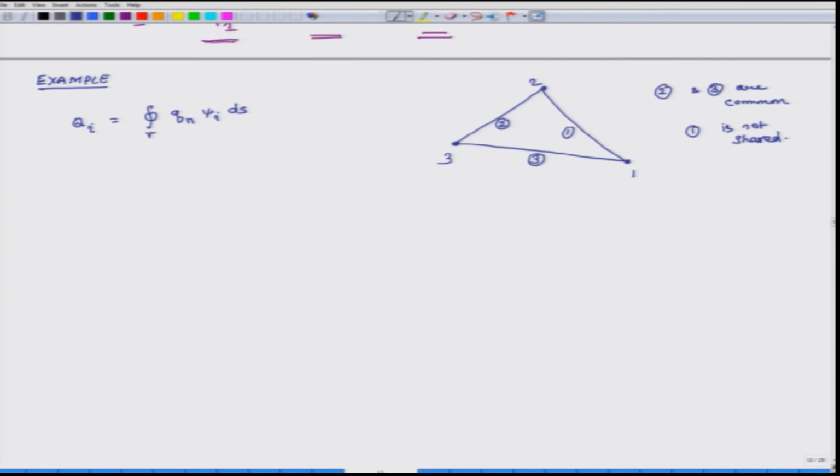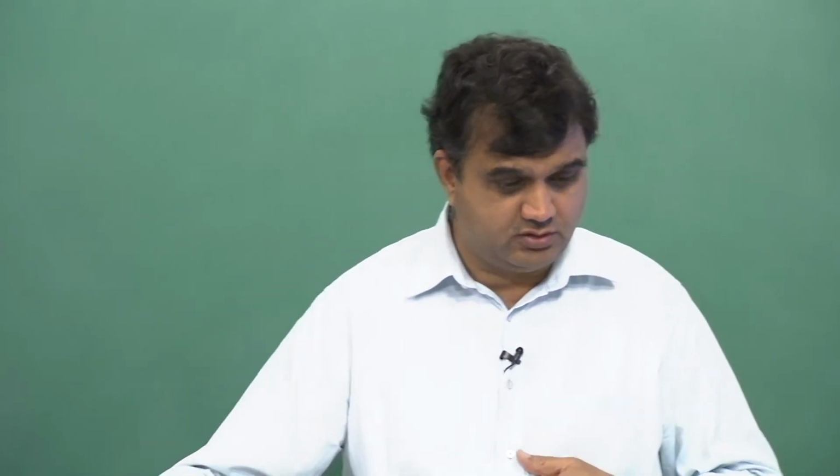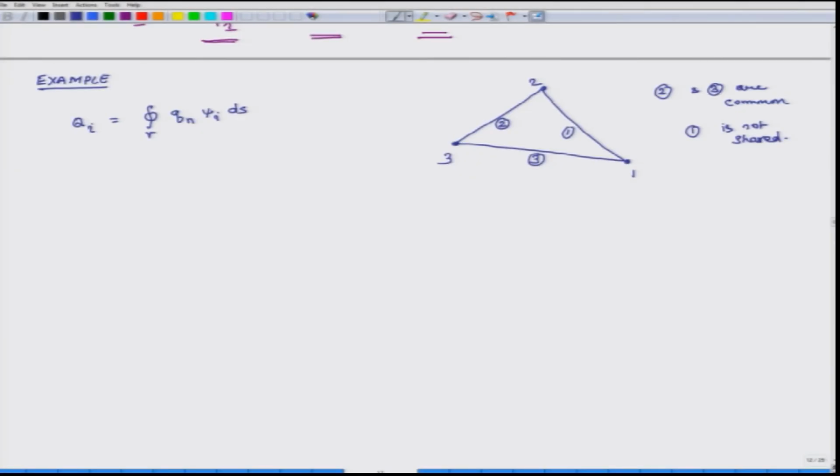So, when I do the assembly they will cancel, so I do not have to worry about it. So in this case I am interested in only calculating for side 1. So, I will calculate it from 1 to 2 of Qn psi I ds. Agreed?